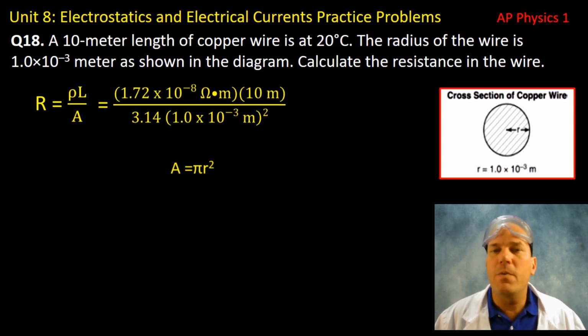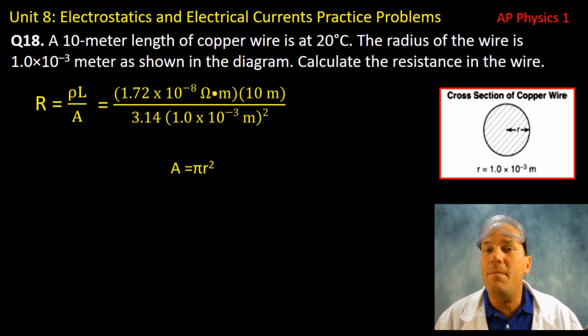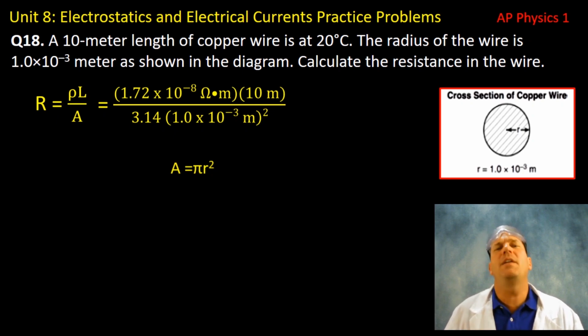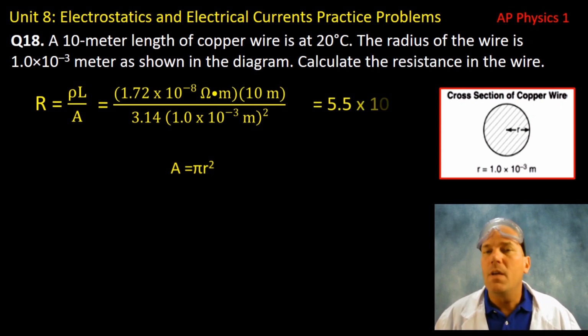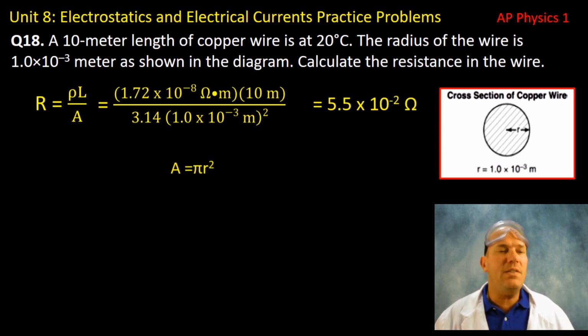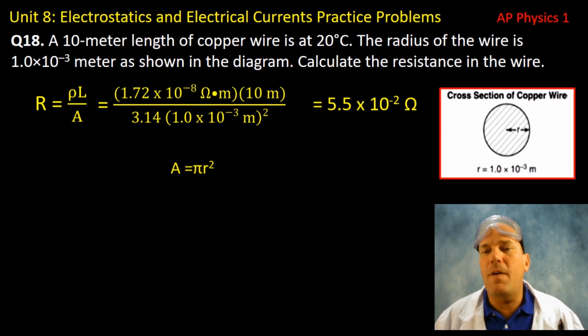Also, the resistivity value for copper, if you're wondering where that came from, came from question 17, where it was given in comparison to copper and silver. So at 20 degrees, that's the accepted value for the resistivity of copper. And we can plug and chug and get an answer for the resistance being equal to 5.5 times 10 to the negative 2 ohms.